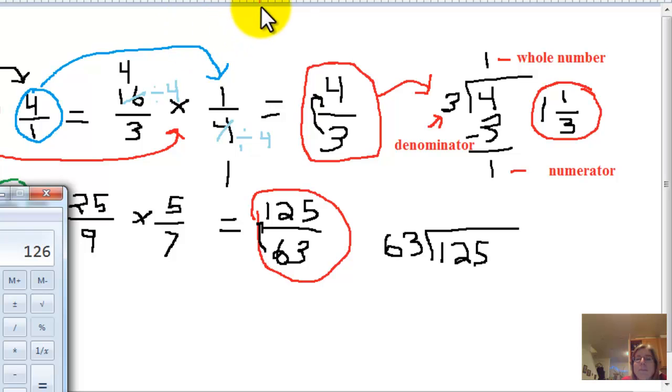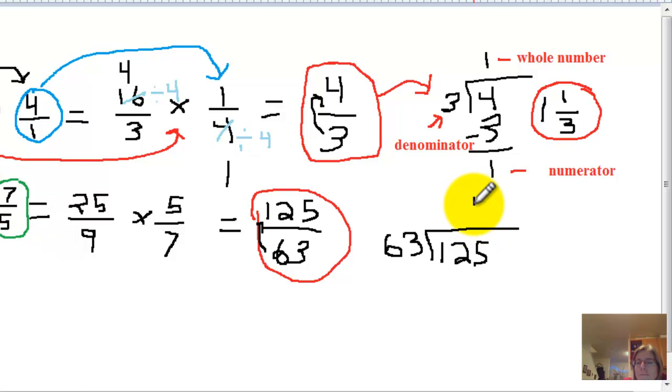So we're going to go in one time. 1 times 63 is 63. We subtract 125 minus 63 and get 62. It was so close. So we have 63 into 62. Well, that doesn't go. So we have a remainder of 62.